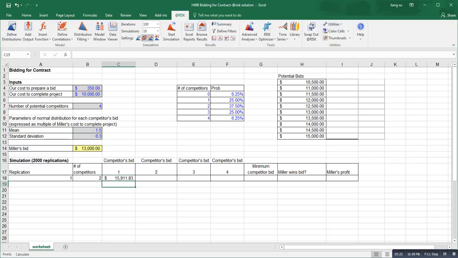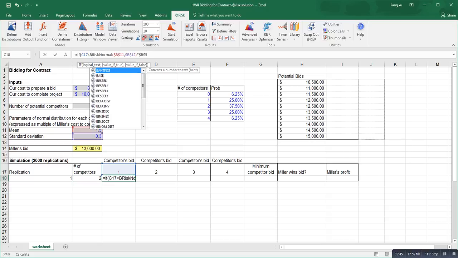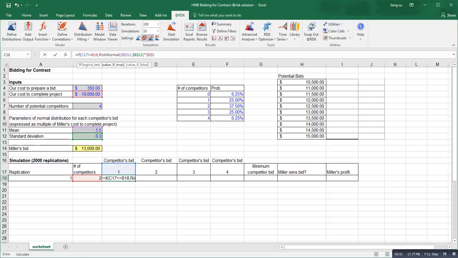However, note that only the first two competitors would actually place a bid, because the number of competitors is 2. So we have to write an IF function that says: if the competitor index is less than or equal to the total number of competitors, then these competitors would place a bid.